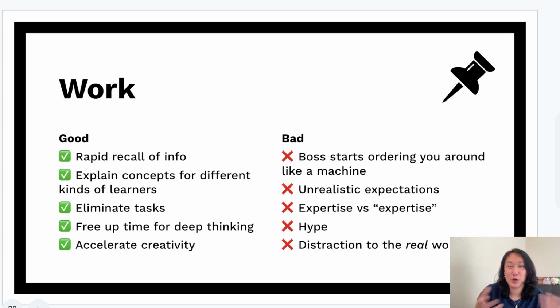These Gen AI tools work really fast, so your boss or your teacher might start ordering you around like a machine. The feedback and communication may become more blunt. The expectations of you to be able to turn around things faster may feel unrealistic. But they're doing that in the way that they interpret these tools can help you, and how they believe these tools should be able to accelerate the rate at which you deliver stuff.